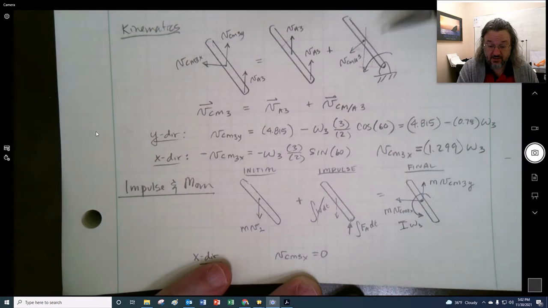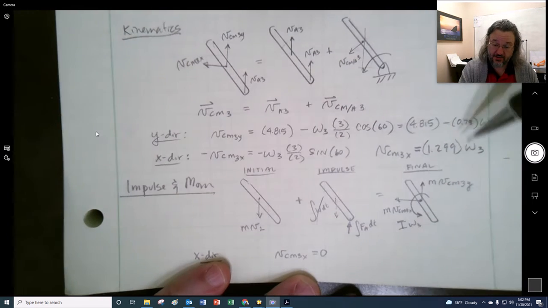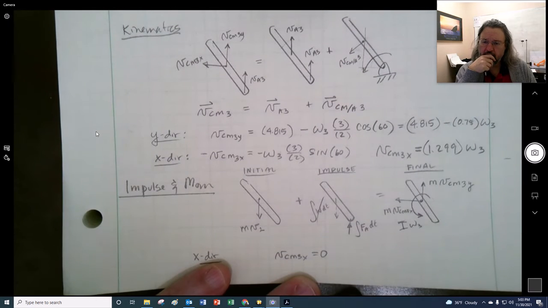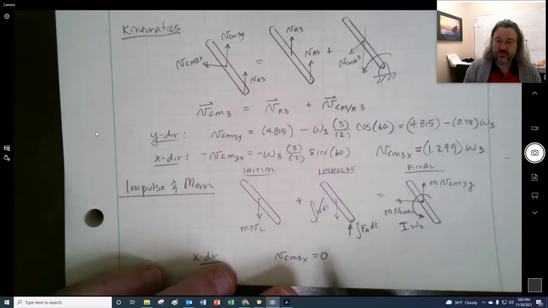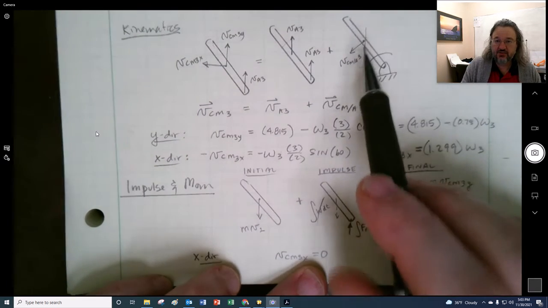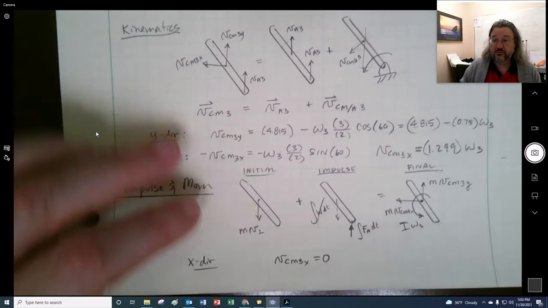But I have this conundrum here, though, in my velocity diagram that is showing that I'm going to have an x component. So I don't know how to handle that, except to keep going and to question how is that going to be possible? I don't know. I think this has me convinced it has to be 0. This right here says, well, it's got to, so I don't know.